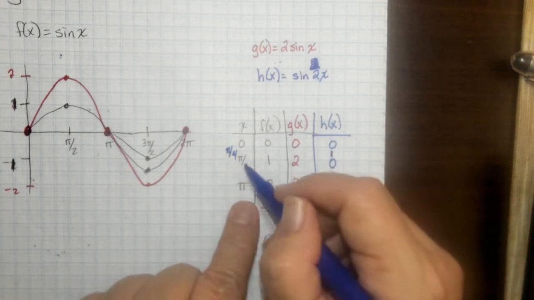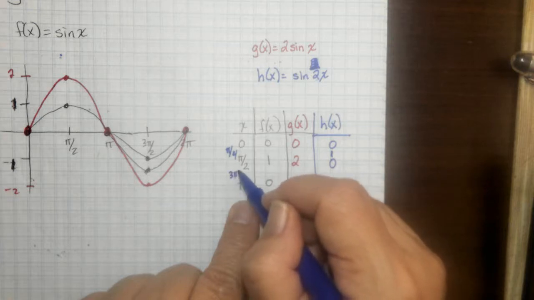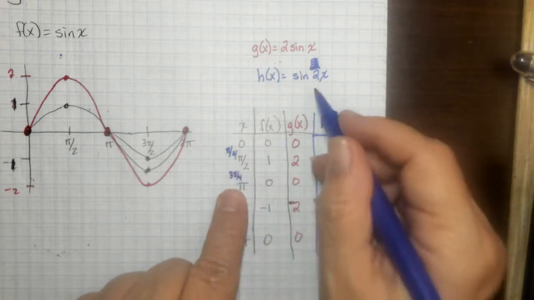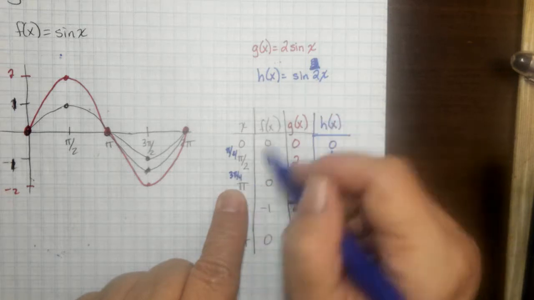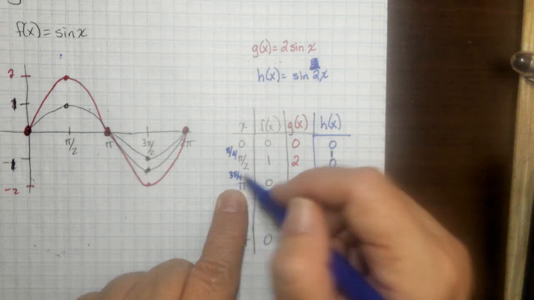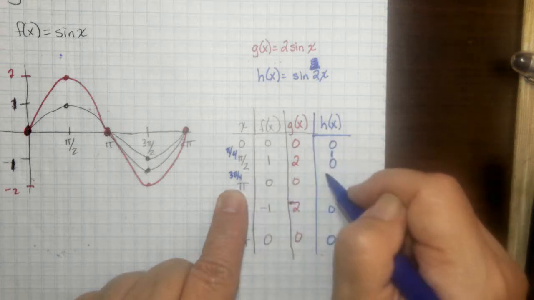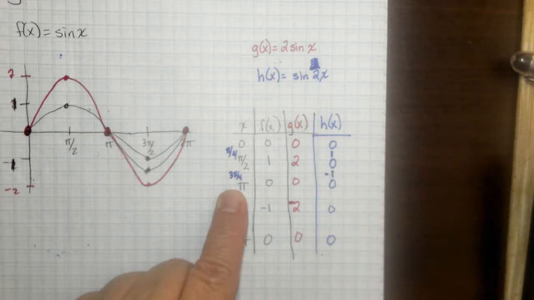And in between pi over 2 and pi, if I put in 3 pi over 4 and multiply that by 2, that would be 6 pi over 4, which is 3 pi over 2, which is going to be negative 1.